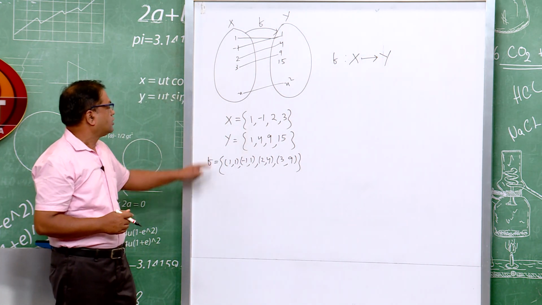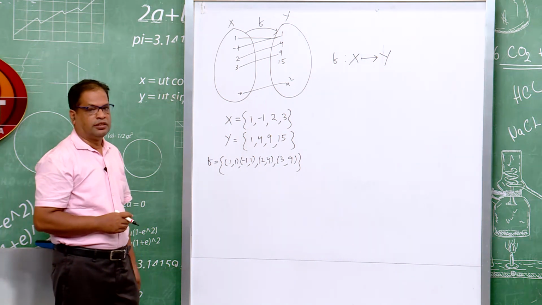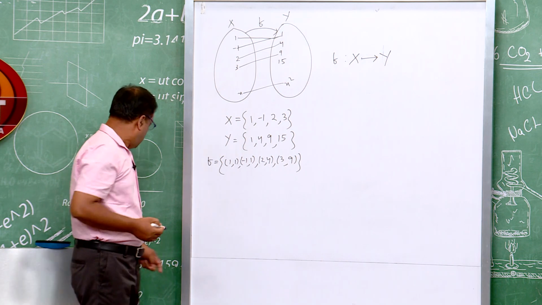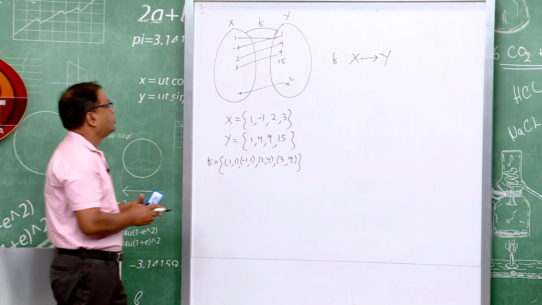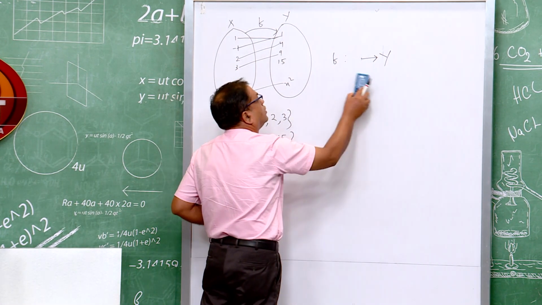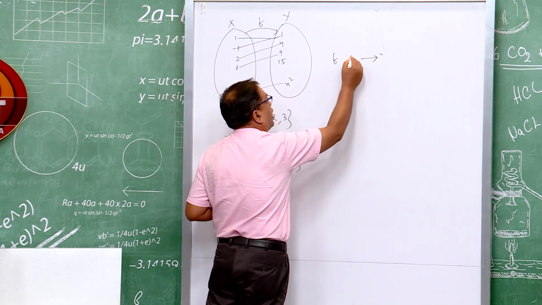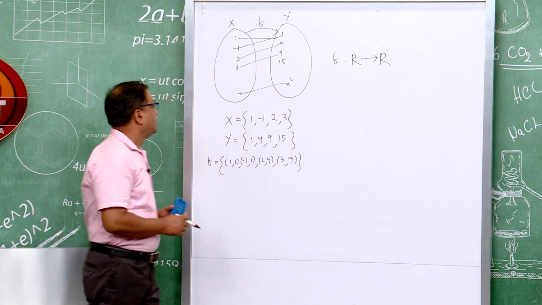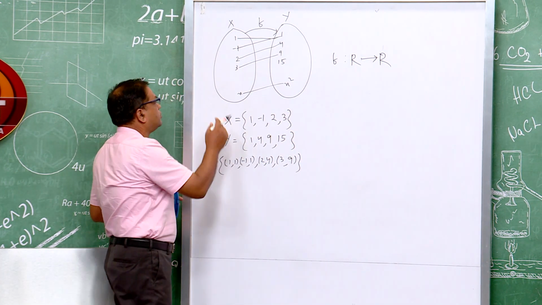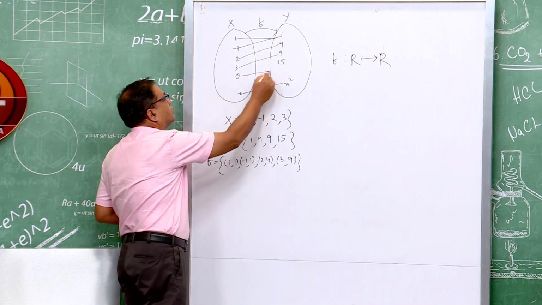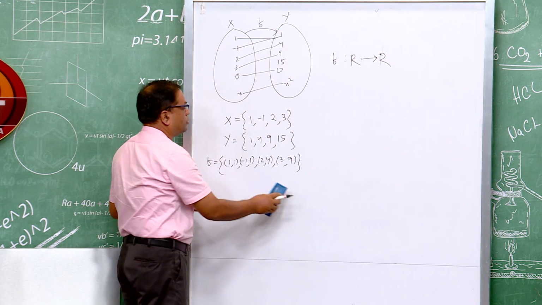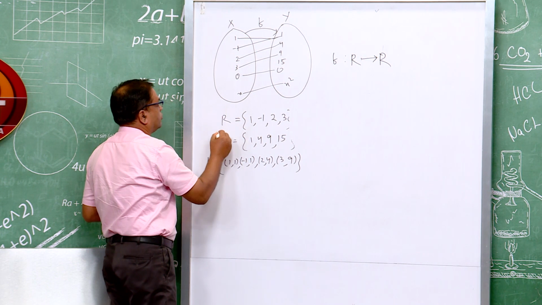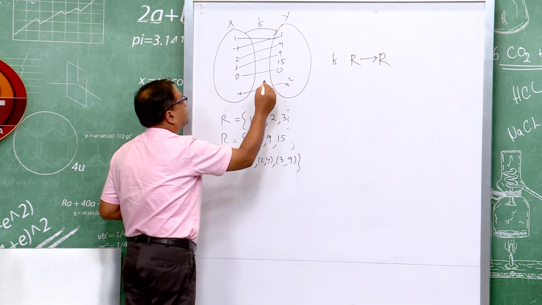Now, X and Y are two finite and very small sets. Instead of small sets, suppose you take a function from R to R, then there are also many real numbers. 0 can go to 0 because square of 0 is 0.